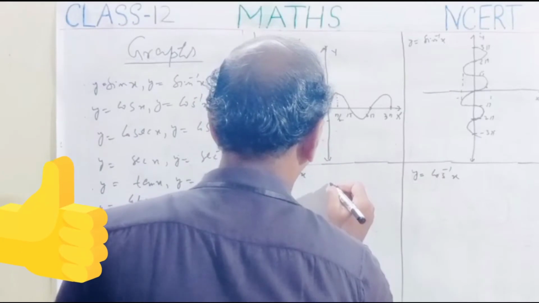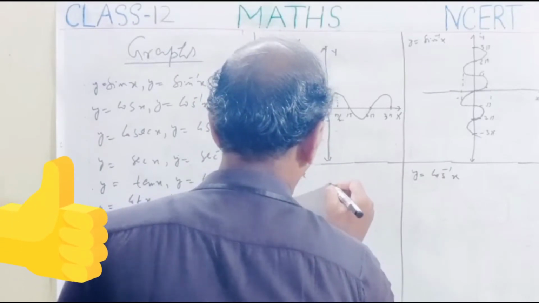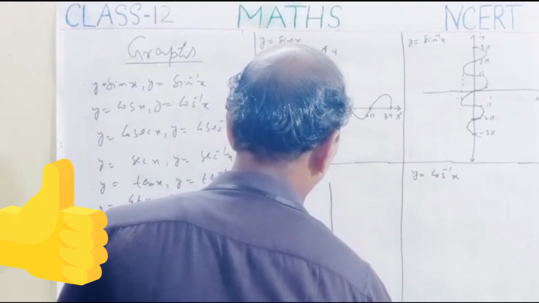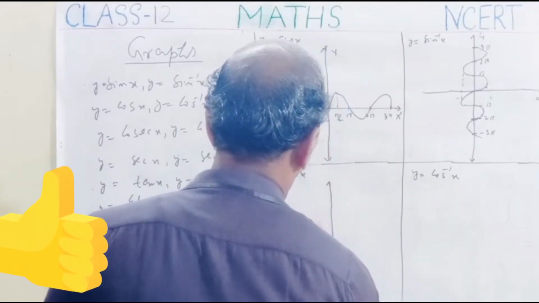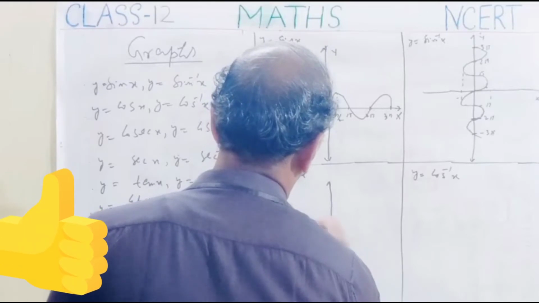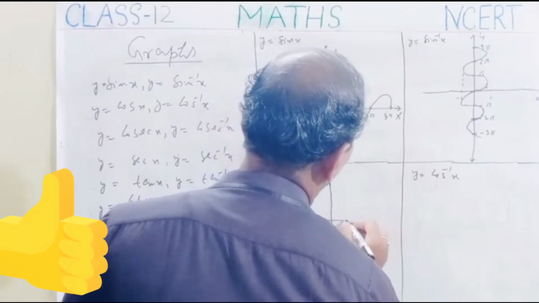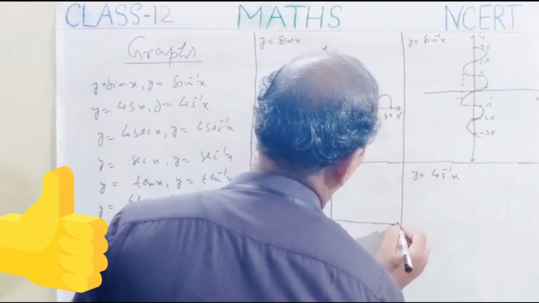So for drawing the graph of cos x, I am taking this way. Suppose this is the coordinate axis. I want to draw the graph of y is equal to cos x.